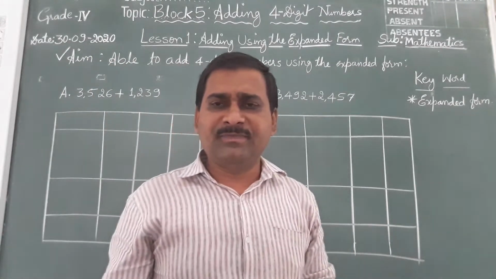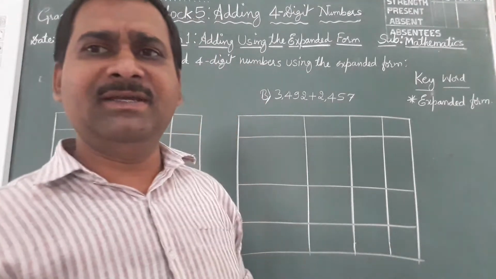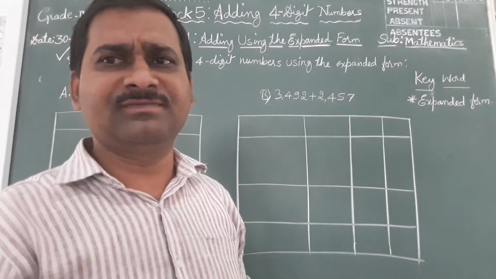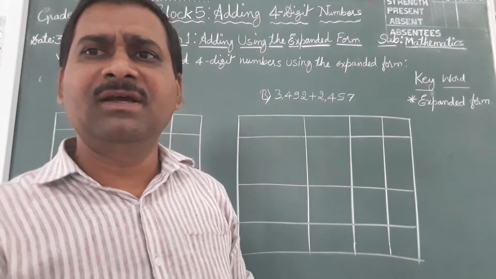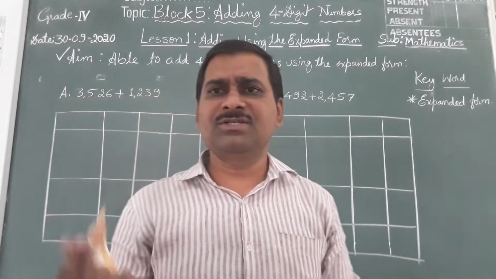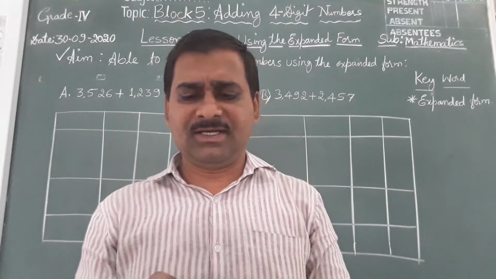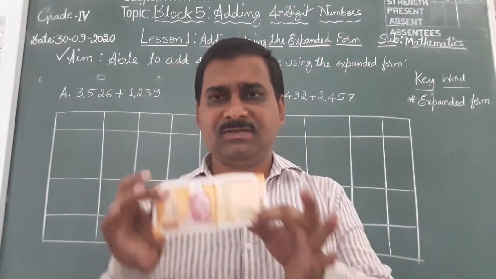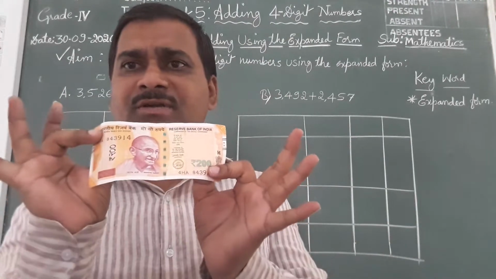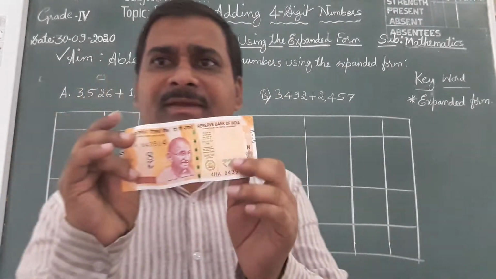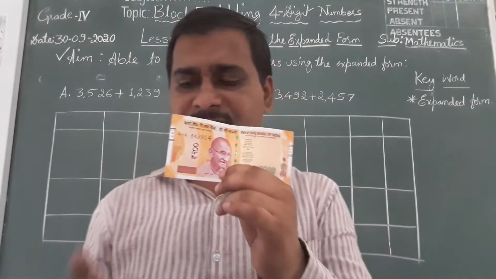Right? So before starting the lesson, let me ask simple questions to you. I have a note here with me. 200 rupees. And one more note I will show you, that is 50.